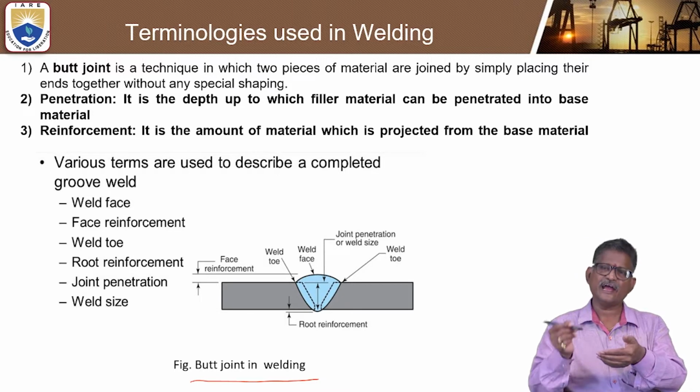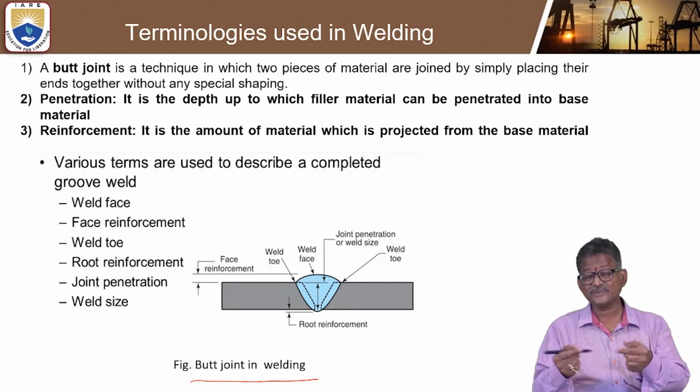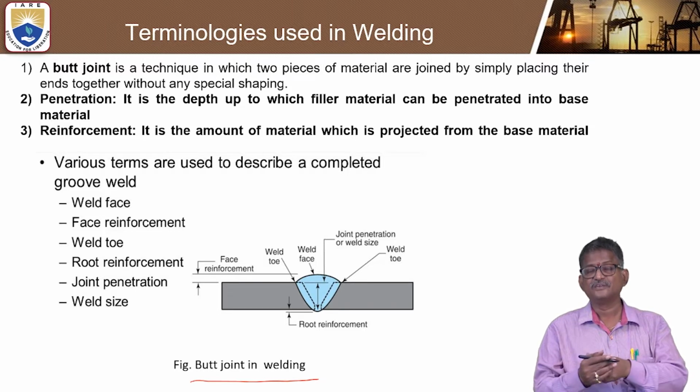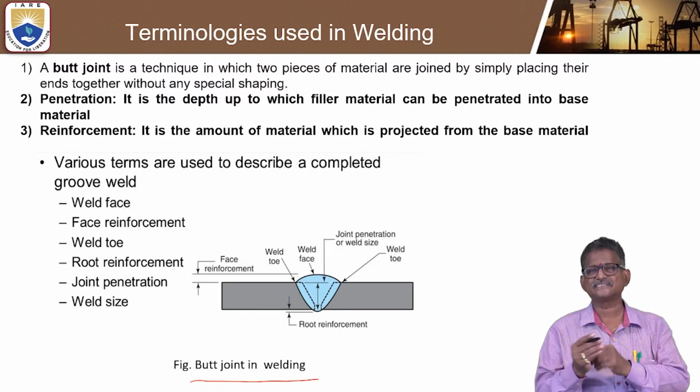Sometimes we add filler metal, sometimes without filler, and only some heat and pressure, which is called friction welding and forge welding, etc. All that was discussed earlier.